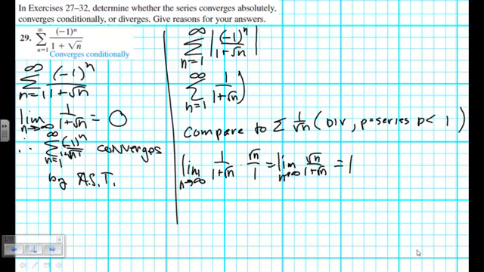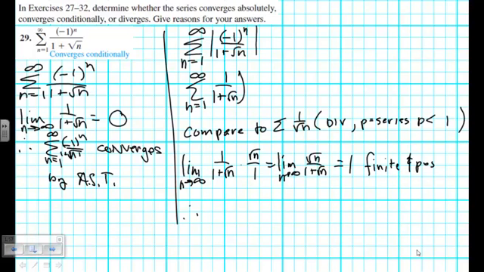Regardless, as n goes to infinity it is going to 1, which is finite and positive. Therefore, the series converges by limit comparison.